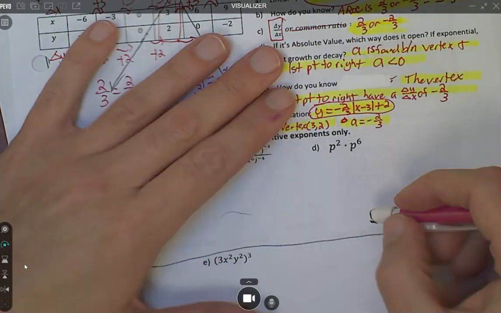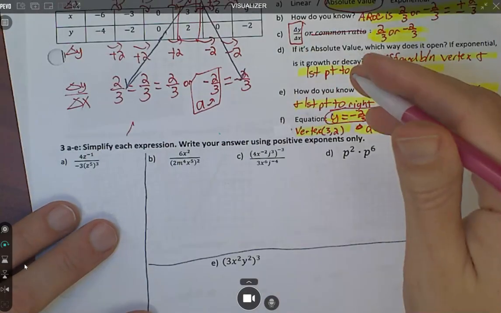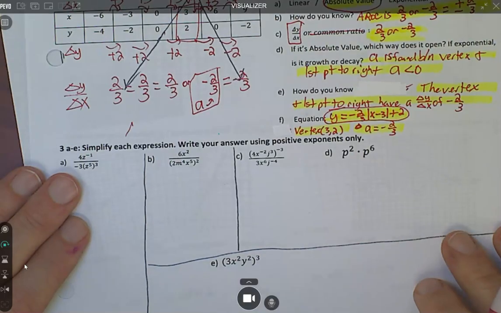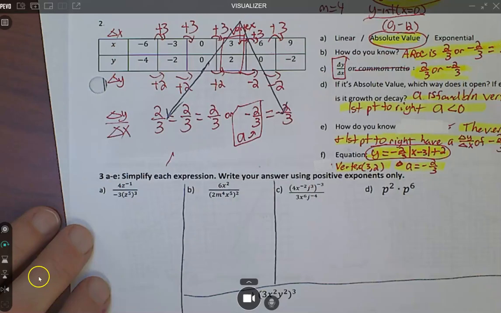I copied that one badly. Oh, that one's easy. Okay, so there's many ways I could show you how to do this.